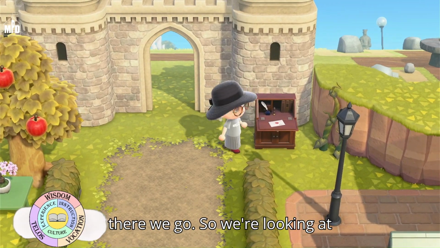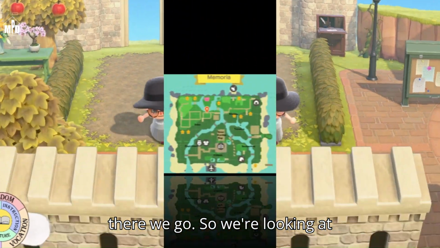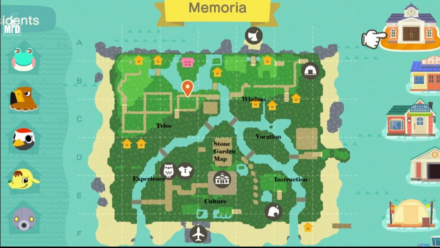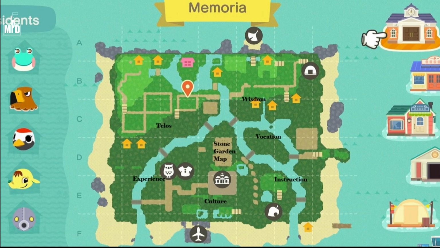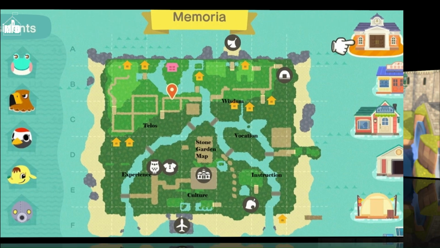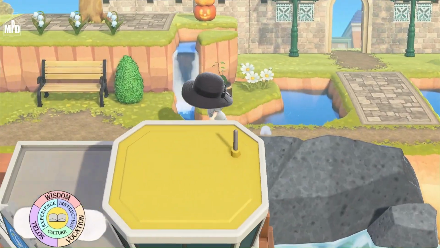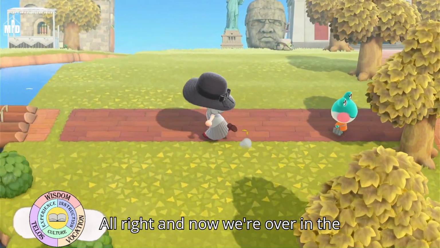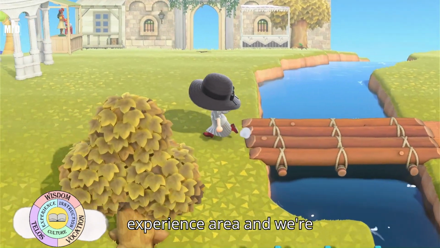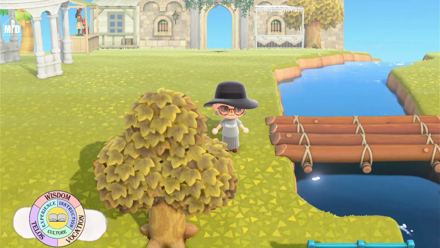And there we go. Okay, so we're looking at the map right now. So the wagon was there. The desk was there. All right, and now we're over in the experience area.